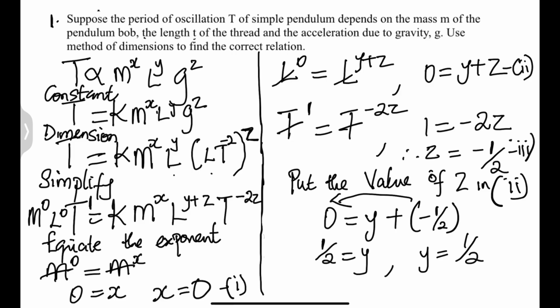So let me just highlight everything that we've gotten so far. We got our x to be 0. We got our y to be half. We got our z to be minus half. So having gotten these three values for our exponents, we can now put them into the equation with the constant, not the one that has the dimensions, rather the equation that has quantities and constants.